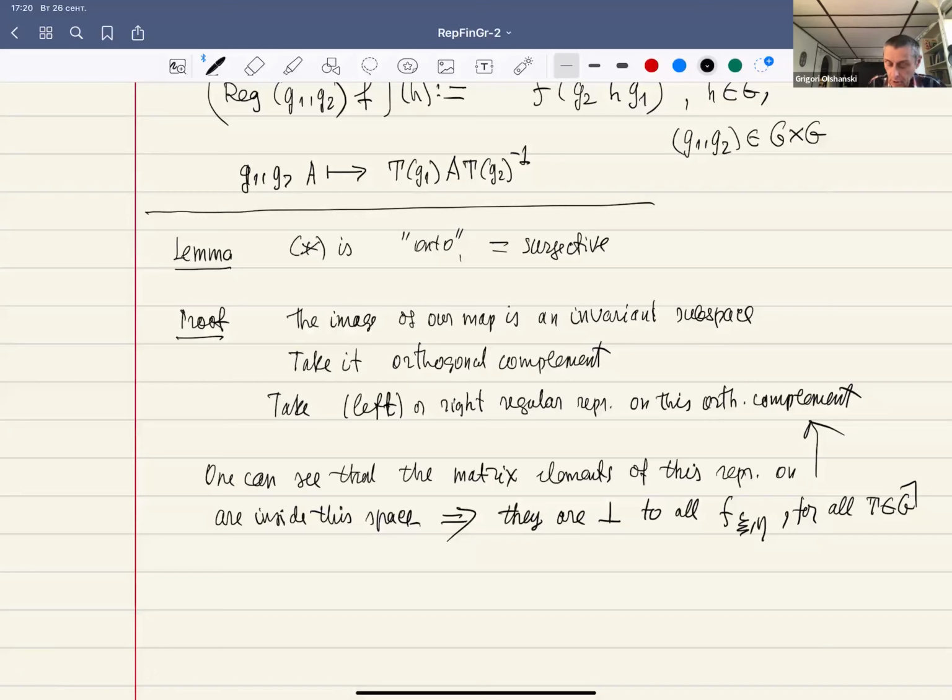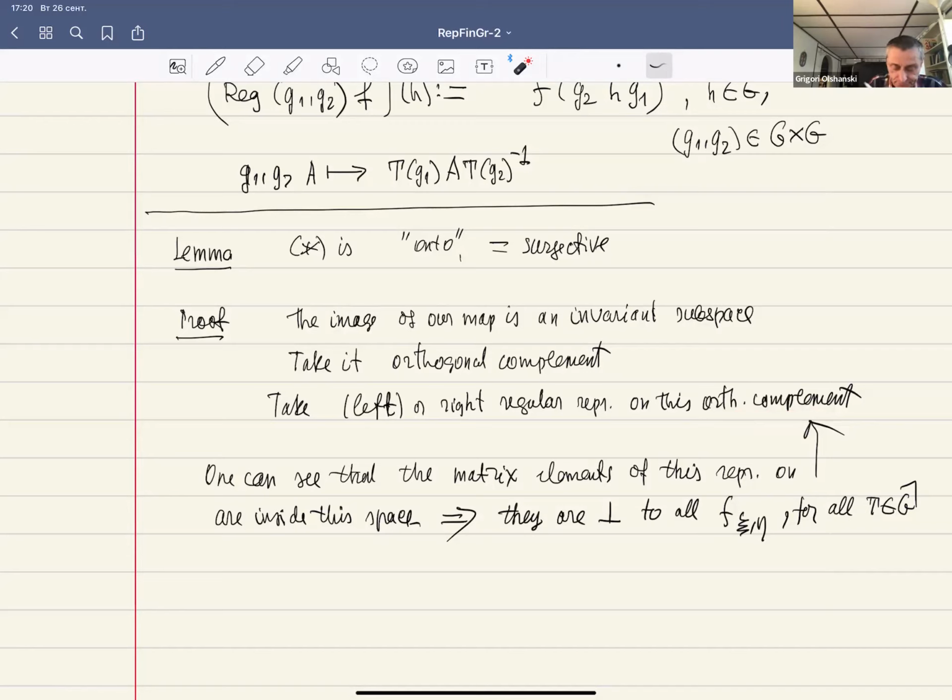And actually, the fine point is this one, that the matrix elements of the representations in the space of functions, in this orthogonal complement, are themselves contained in this space.